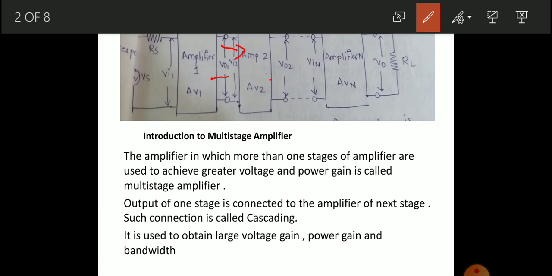In this way we will be connecting more number of amplifiers. So this interconnection of one amplifier to another amplifier is known as cascading. Why is cascading done? Cascading is done to achieve large voltage gain, large power gain and bandwidth.